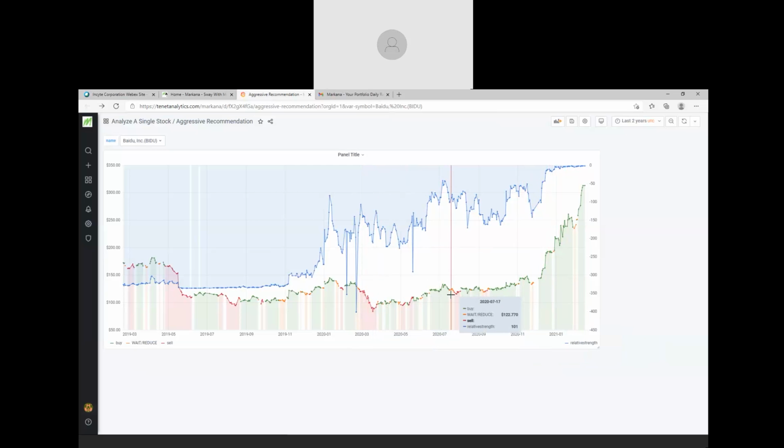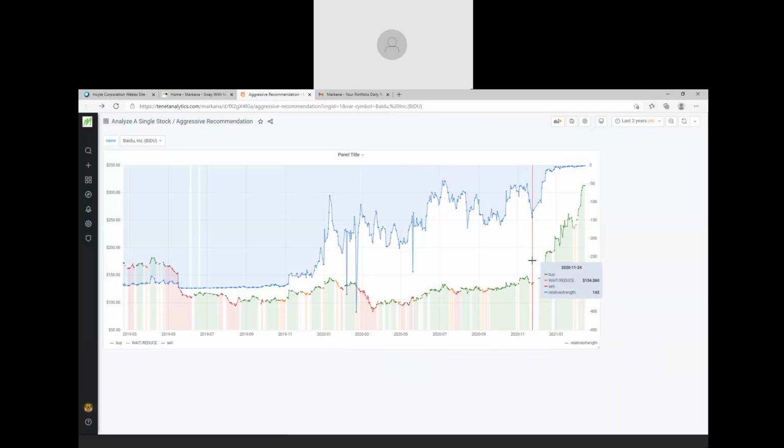And the blue line is basically our model's relative strength ranking. What does that mean? If you look at this particular day, when it turned around, the relative strength ranking for Baidu was 142. How it comes to that number is our algorithm, our proprietary number.